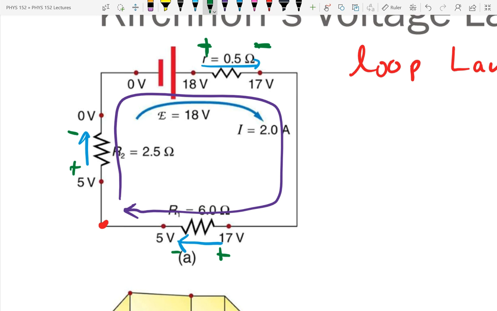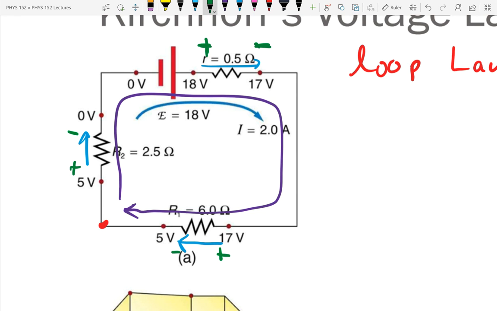Now, a question you might ask is, what if I'm wrong on my current direction? It'll be okay. You will many times, like in lab next Tuesday, I think it's next Tuesday, have to guess on the direction of the current. You won't know beforehand what direction it's going. So you'll just guess on the direction of the current. You'll draw your arrow for that current.